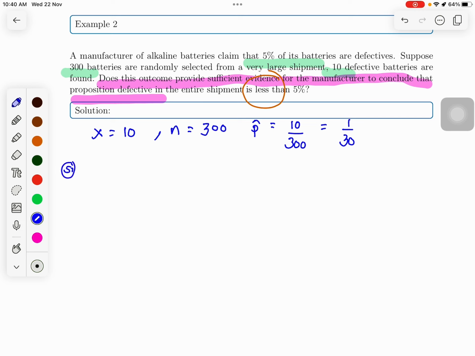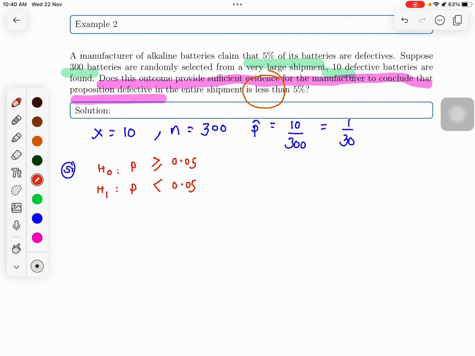So we start with step 1. Remember, for step 1, we have to state the null and alternative hypotheses, because this one is about proportion. So our p is less than 0.05, and our null, of course, is greater or equal to 0.05.